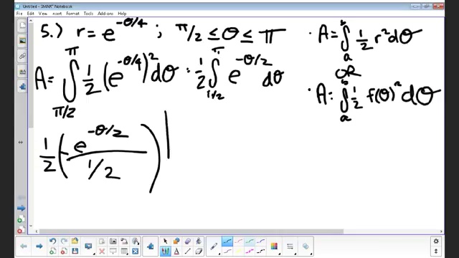And this is evaluated from pi over 2 to pi. All right, so 1/2 in the denominator, 1/2 out front, cancel out.